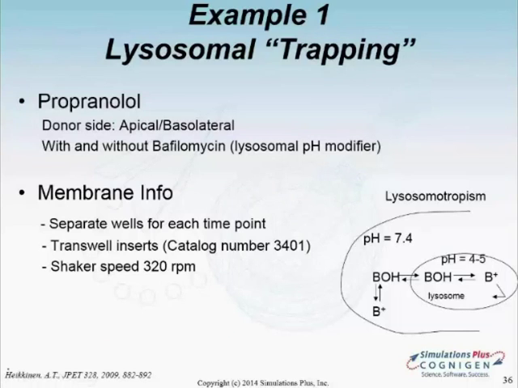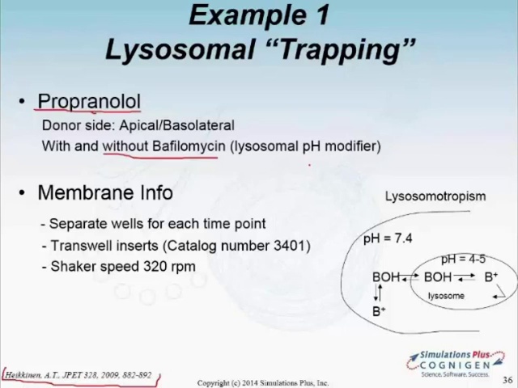For this example, we had the data from literature, from one of our long-time users as well, where they measured propranolol permeability in A to B as well as B to A direction, and measured the propranolol permeability for the compound alone, as well as with administration with bafilomycin, which affects the lysosomal pH.